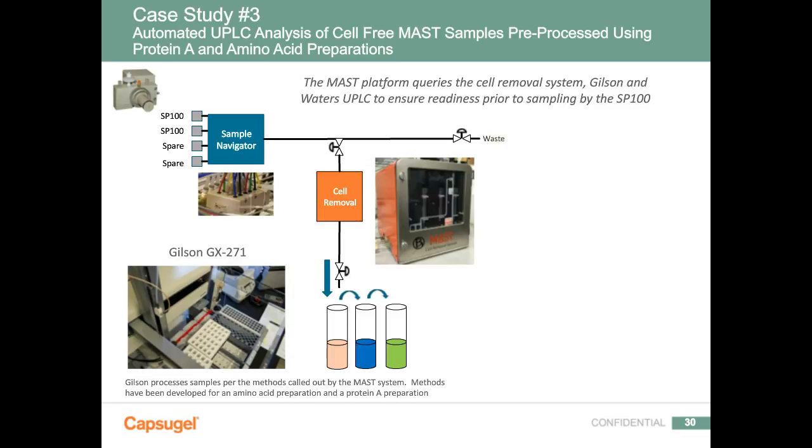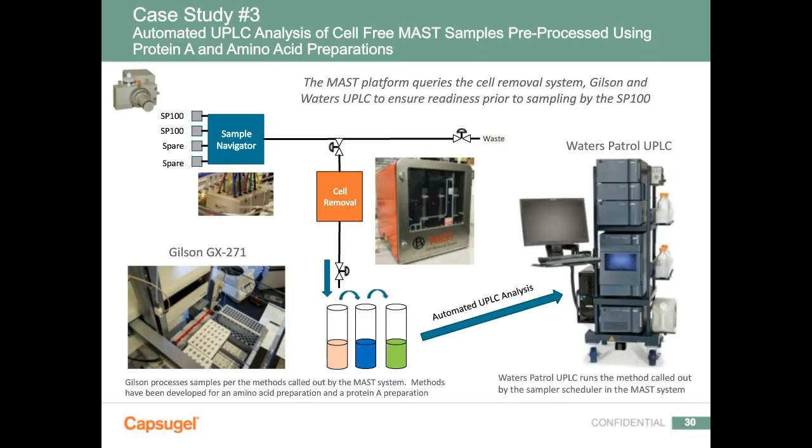Then the samples are transferred from the Gilson to the UPLC, where the MAST system is able to run the methods called out when you schedule a sample. Our system can talk to the UPLC and fetch back all the methods that are available in the UPLC. That way, when you schedule the sample, you can load up that method. The sample gets dropped off, and it will run the correct method for your sample.